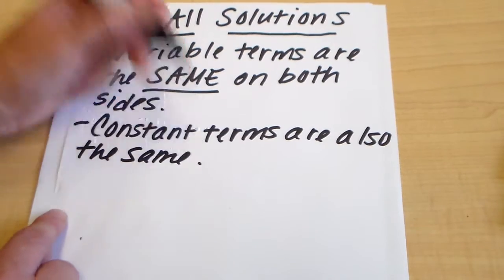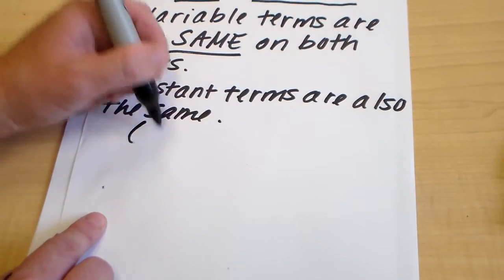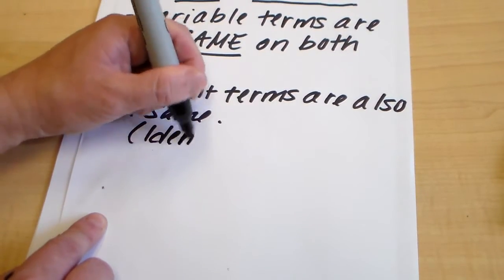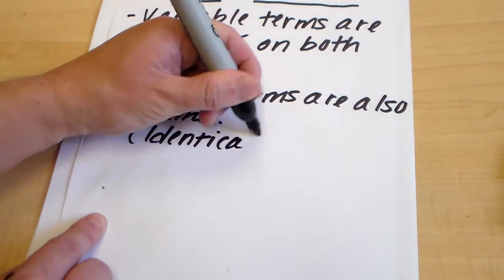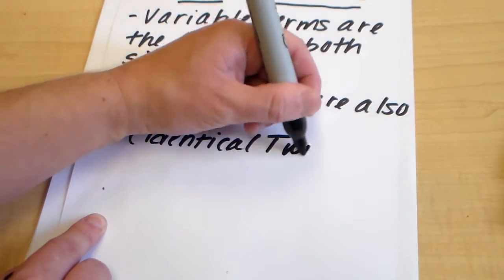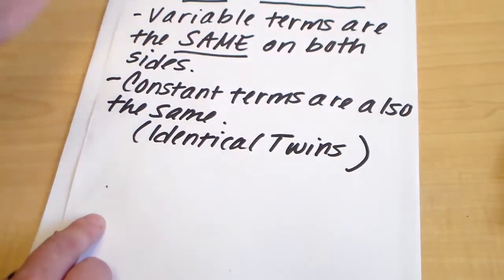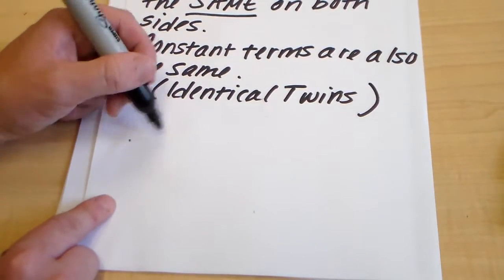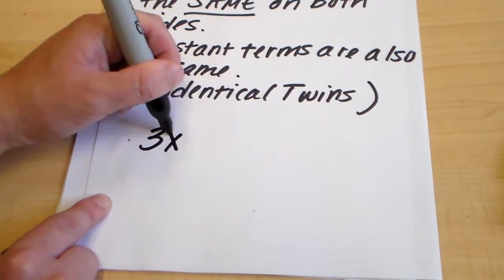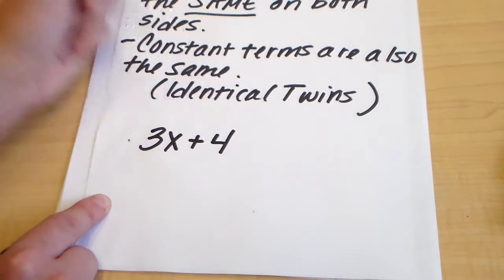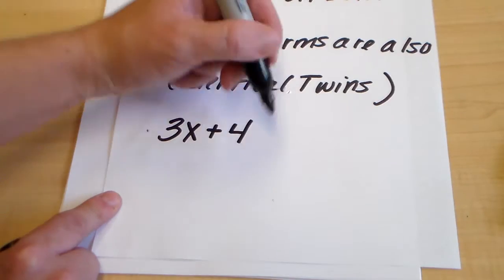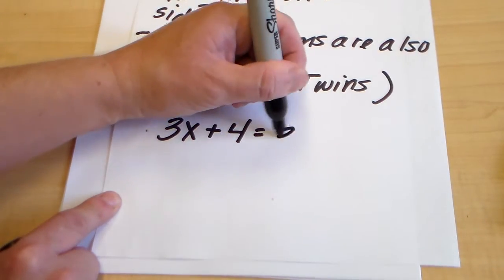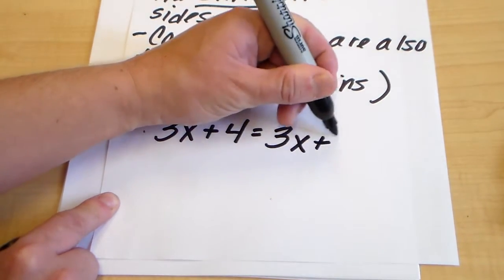This is the problem that I call identical twins. So after I've distributed, combined, solved, after I've done my DCS, what I end up with is a problem on one side that is identical to the problem on the other side.